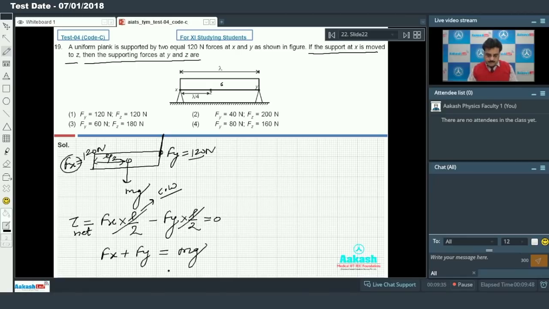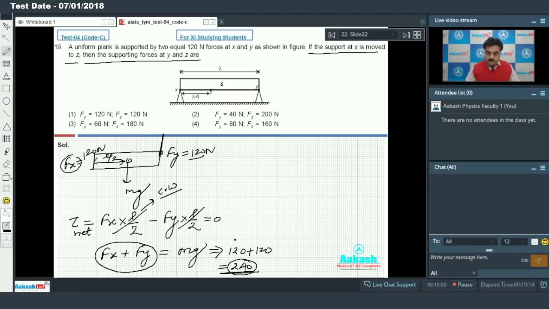And Fx and Fy have the same magnitude, that is 120. So when I place the values, we get mg equal to 120 for Fx plus 120 for Fy, so we have 240. The value of mg, or Fx plus Fy, is equal to 240.